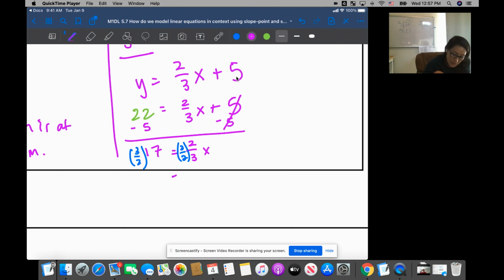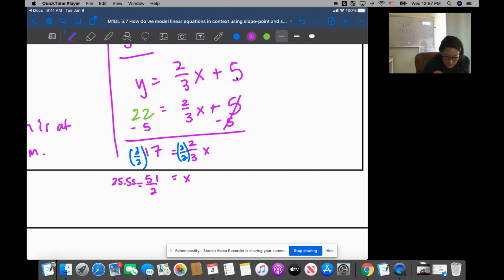So I get 1x is equal to 3 times 17 is 51, I believe. Yeah, 51. Okay. I get 51 over 2, which is equal to 25.5. And we're talking about x, so that is seconds.